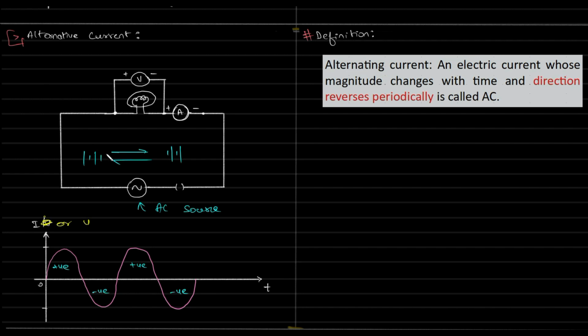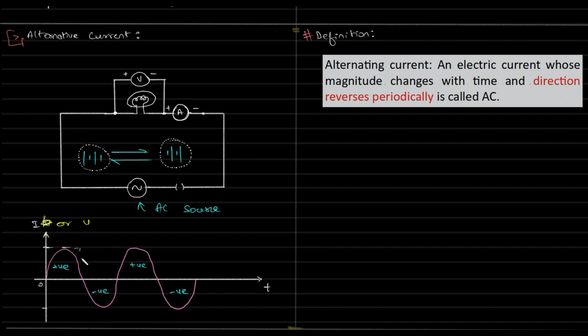Now moving on. Basically we are switching between these two scenarios. For a fraction of a second you put this, and the next fraction of a second you do this. If you do that, what you will end up seeing is a kind of DC-AC source.